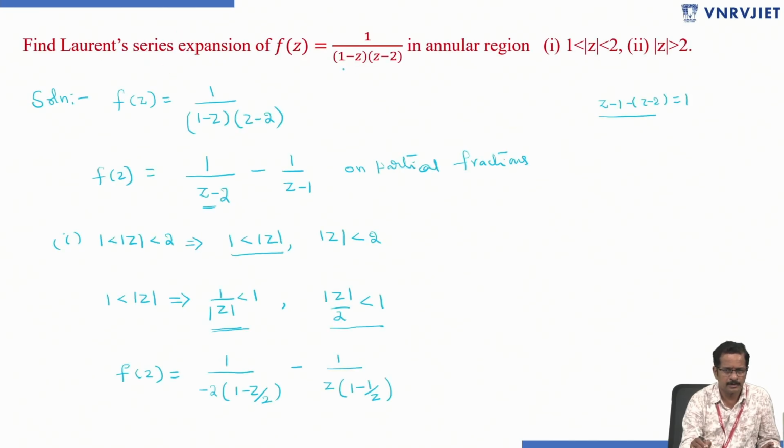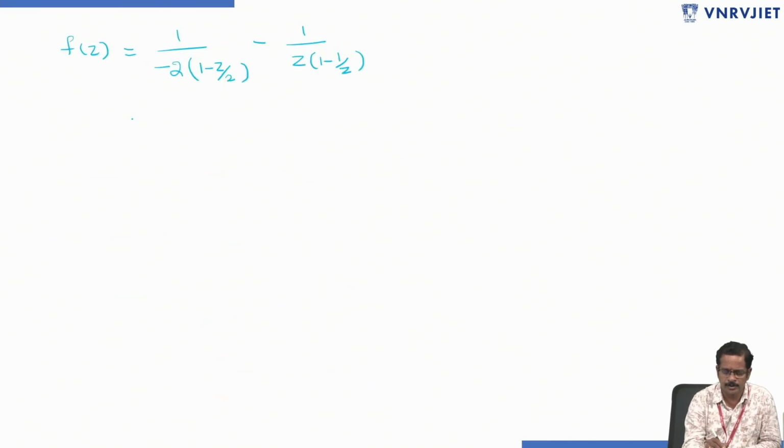Now which is equal to minus 1 by 2 into 1 minus z by 2 whole power minus 1, minus 1 by z into 1 minus 1 by z whole power minus 1.